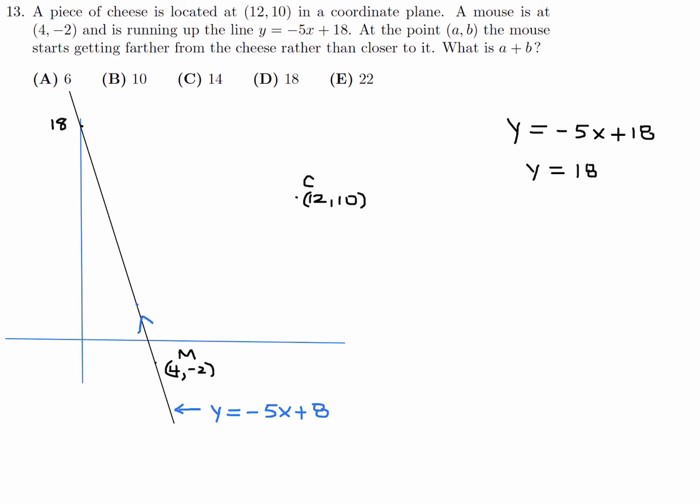So it would be a straight line that's perpendicular from C to that line, like this. Once the mouse gets to this point right here, he is at the closest distance he can be to the cheese while remaining on this line. Once he starts moving past that, he starts getting farther away. So we have to figure out the coordinates of that point, and they tell me that it's (a, b).